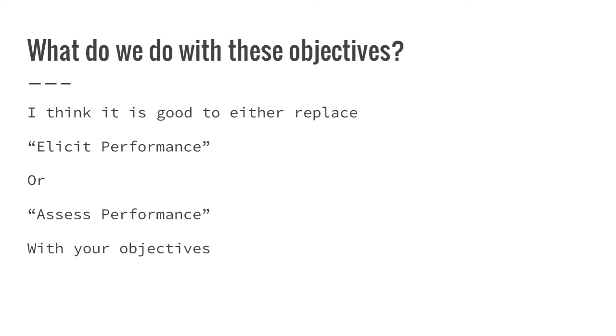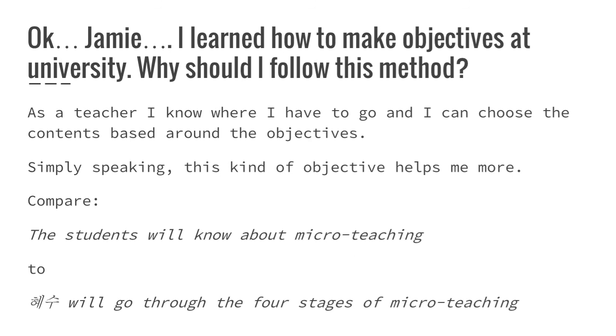I would prefer for you, and I prefer for myself, to make a more complex objective and put it in the elicit performance stage. Have the heart of my lesson, the core or most important part of my lesson, be the objective, and therefore, in my opinion, the elicit performance stage is the best place to put it, but it doesn't matter too much.